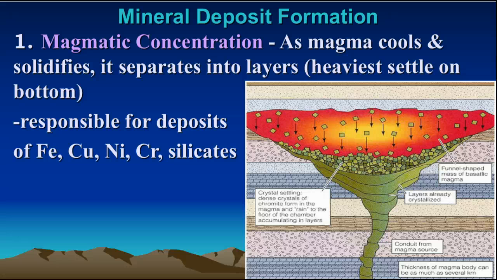This is part of the rock cycle we talked about already, so this would be kind of an igneous process. The heaviest of those layers are going to settle on the bottom. Those things are going to have things like iron in them, which is very dense. And then the lighter ones are going to go on top. Those would be more things like silicates and some of those compounds that we talked about. So that's our first way.